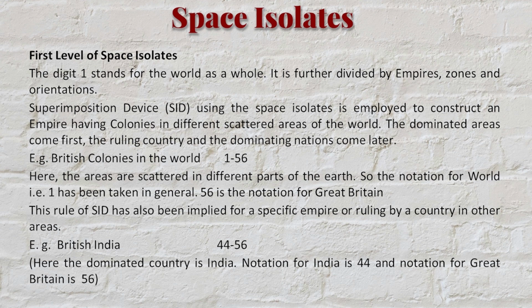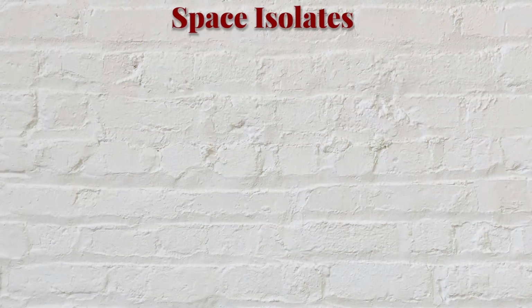The rule of superimposition device has also been applied for a specific empire ruled by a country in other areas. Say for example, for British India, the notation will be 44-56. Here 44 indicates the notation for India, and again 56 is the notation for Great Britain, and it is a superimposed isolate. The digit 2 stands for the mother country.